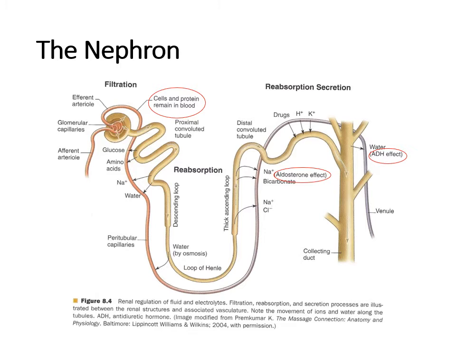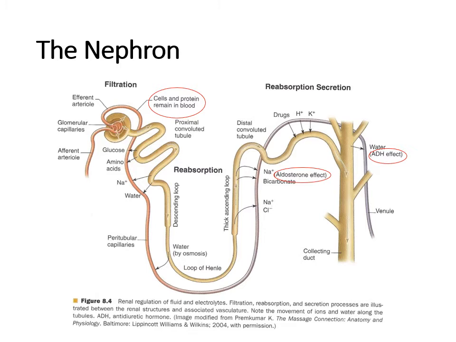So just because the filtration is in the nephron, it doesn't mean that the system can't return it to the bloodstream in a process called reabsorption. Okay, so there's a lot of reabsorption of electrolytes and glucose and amino acids that occur even once the fluid has made it into the nephrons.